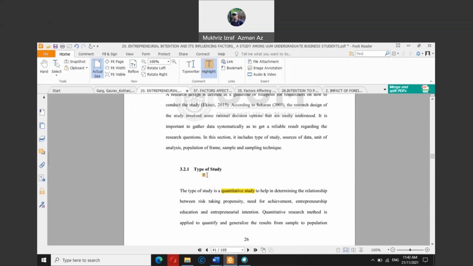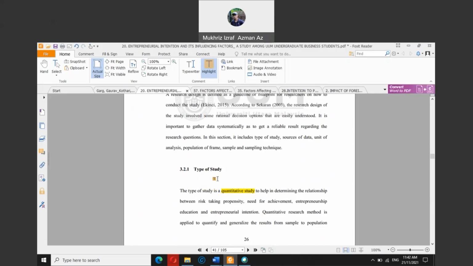Okay, so since we are relying on questionnaire as part of our data collection, and we are going to analyze the information from the questionnaire using statistical tools, ANOVA, hypothesis testing, correlation, those fall under quantitative study.